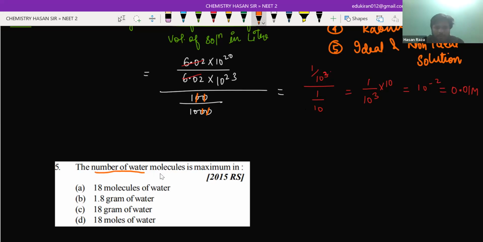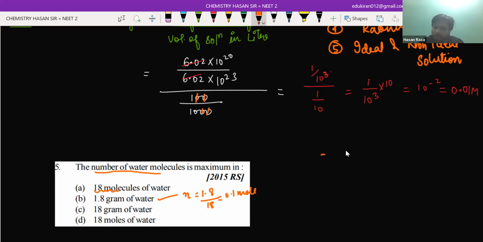See, we need to calculate in which the number of water molecules is maximum. In the first option, 18 molecules are directly given. For 1.8 gram, you need to calculate the number of moles: 1.8 divided by 18, so that will be 0.1 mole.